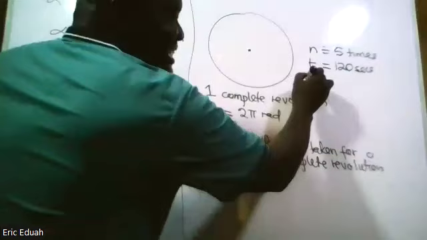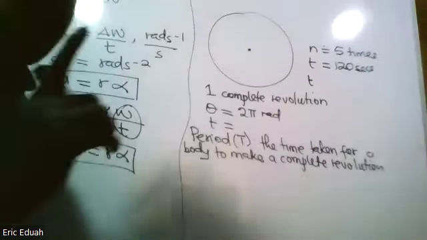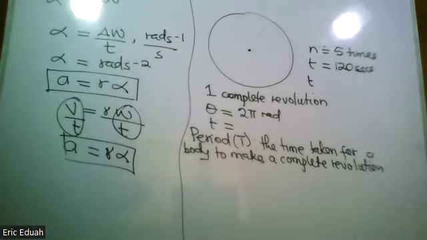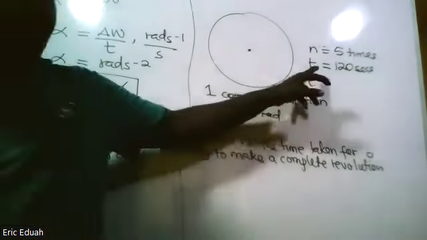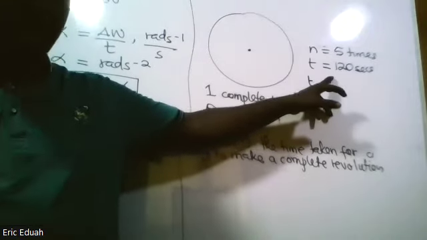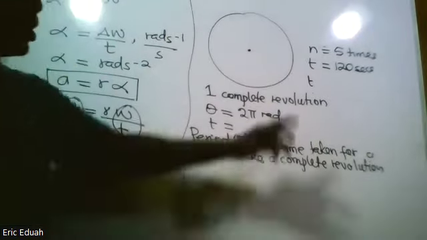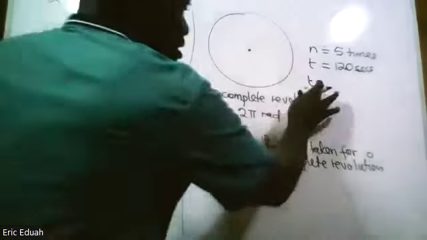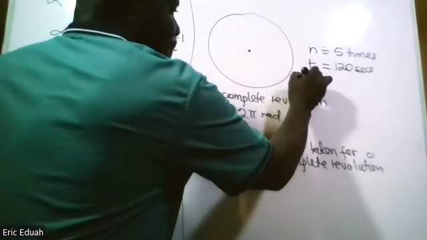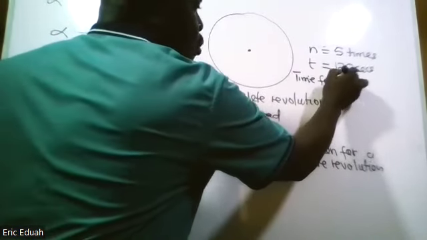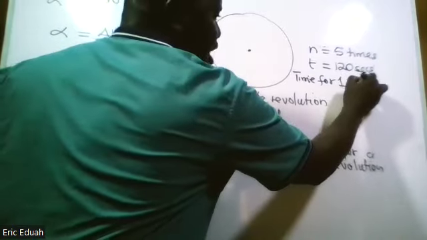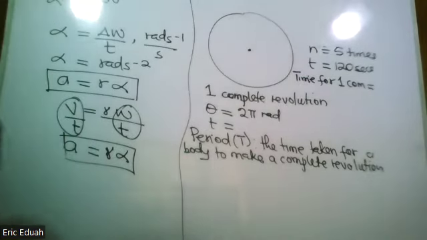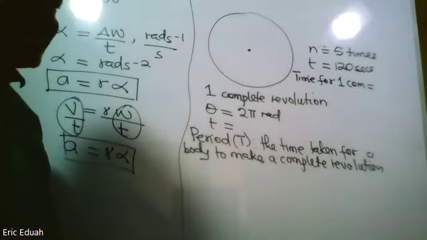If I want the time taken to make every one complete revolution, how do we get it? Lizzie uses a total of 120 seconds to go around a circle 5 times. If I want the time for one complete revolution, how do I get it?